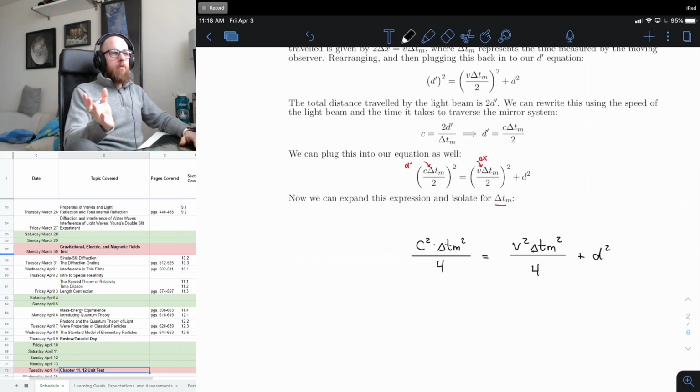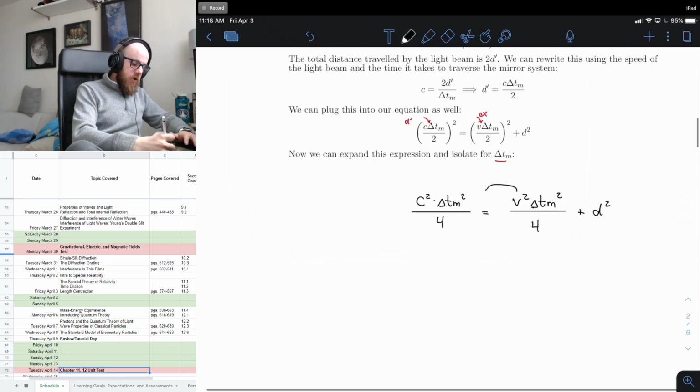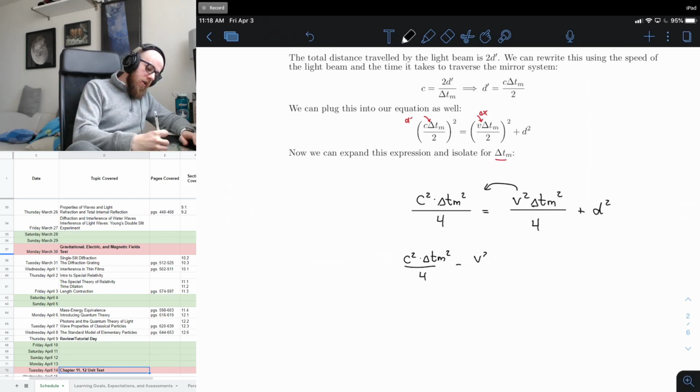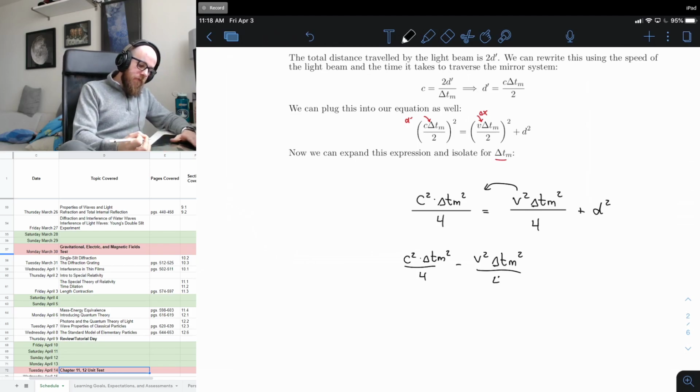And then I want to move everything that has a delta tm over to the other side. So I'm going to take this term and move it over. So I get c squared delta tm squared over 4 minus v squared delta tm squared over 4, and that's going to be equal to d squared.